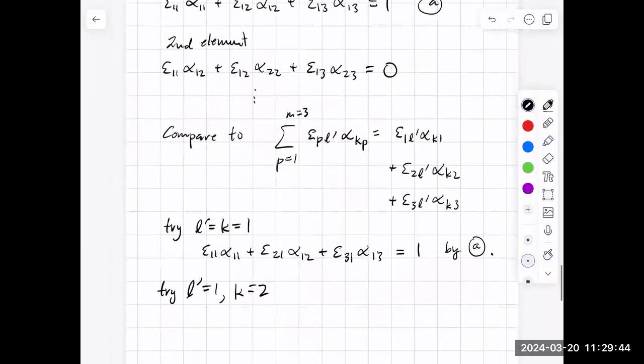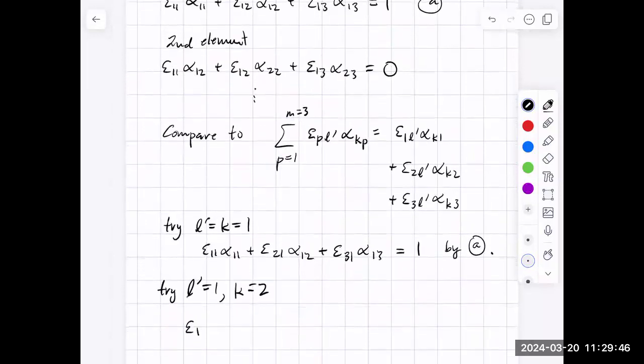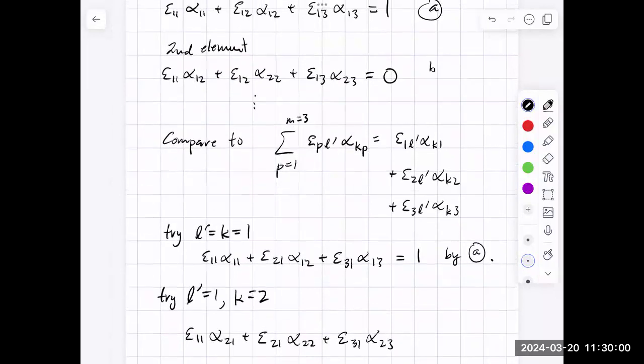We would get epsilon 1,1 alpha 2,1 plus epsilon 2,1 alpha 2,2 plus epsilon 3,1 alpha 2,3. If we call this equation B, I hope this looks like equation B, and it does if we swap some of those indices. Good, and so this must be 0 by equation B.